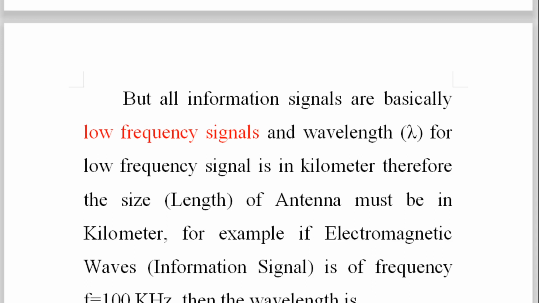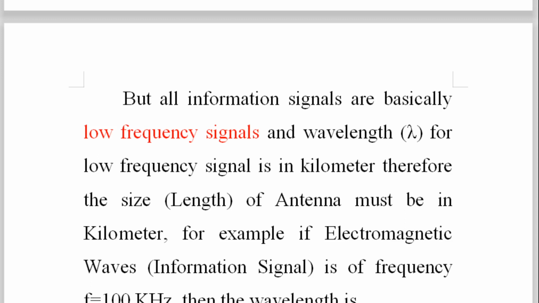Blood pressure is again a low frequency signal, and so many information signals are low frequency signals, and there is an inverse relation between frequency and lambda. That equation we will come to know in the next slide.